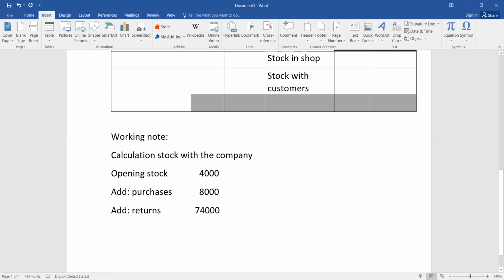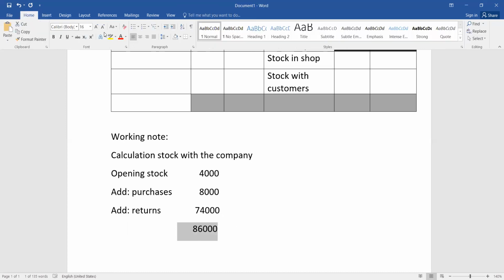So we have a total of 86,000 here, which is the stock in the business.